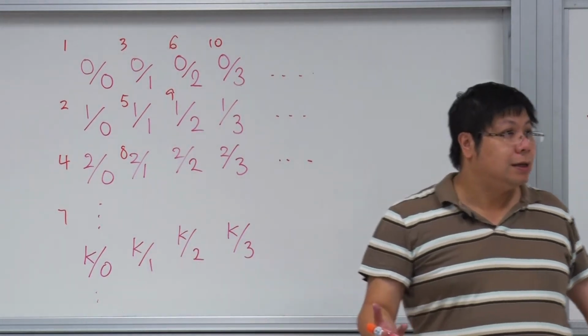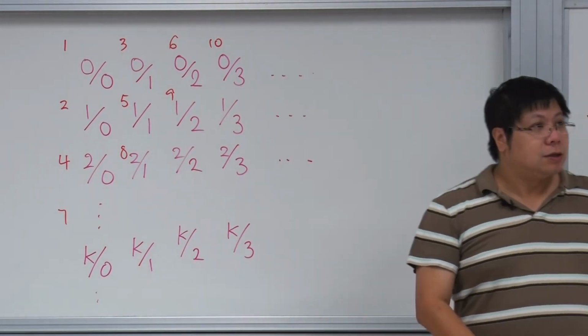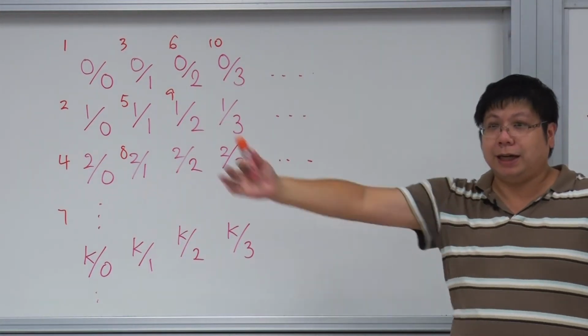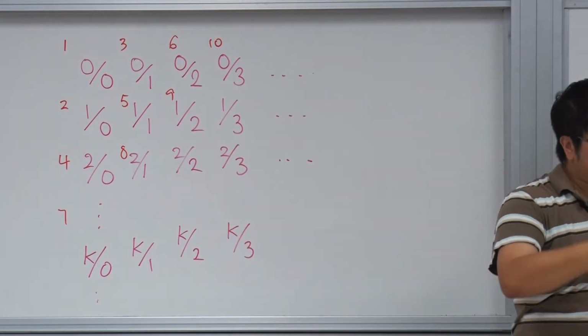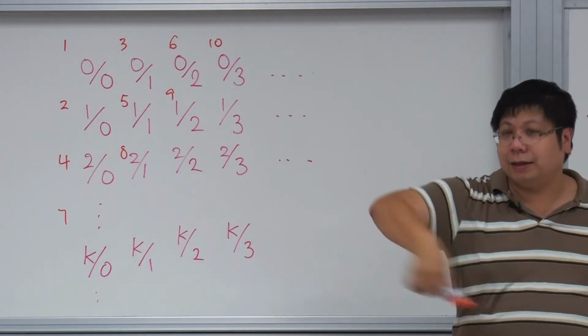Is that okay? So 17 over 3, then when will it be listed? After we list out all the things such that the top and the bottom add up to 19, then it will be listed in that case.